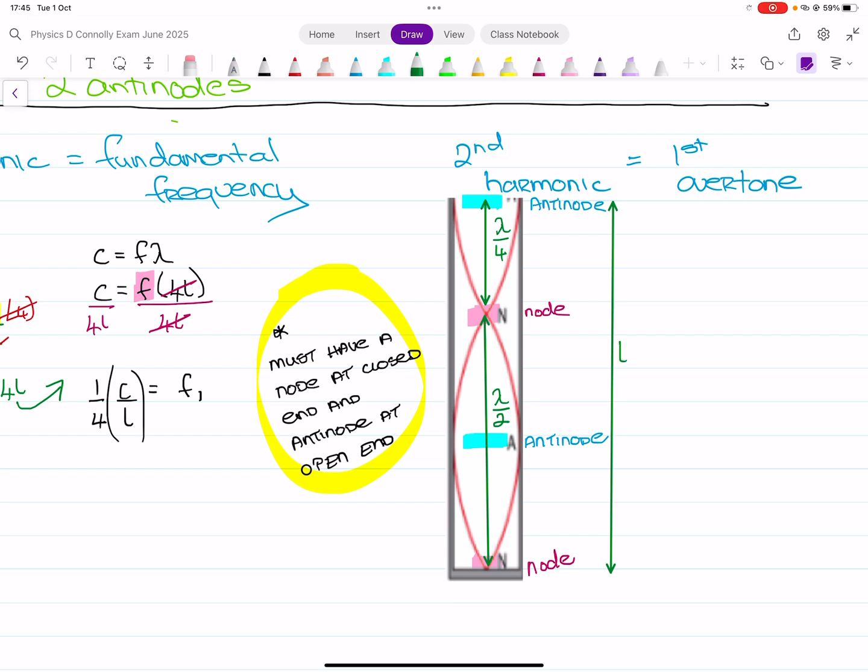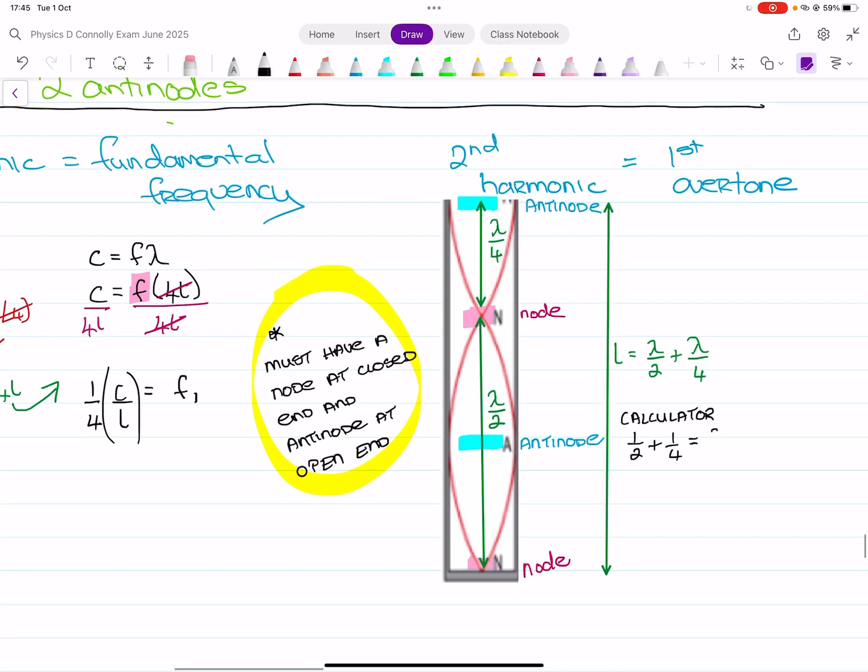So the length of this one is lambda over 2 plus lambda over 4. Now you can type this into your calculator, see how good your primary school fractions are, as literally a half plus a quarter. If you do that, you get 3/4. You just have to remember to put the lambda back in. So L is 3 lambda over 4.